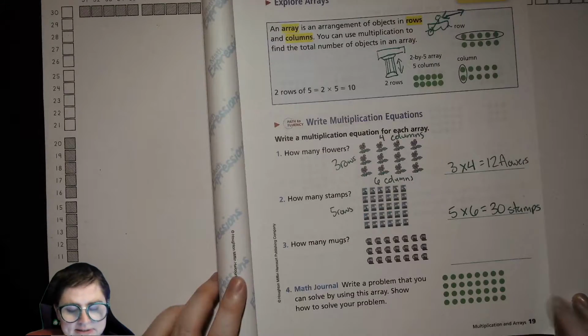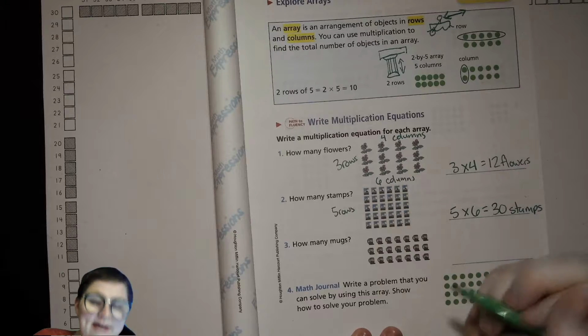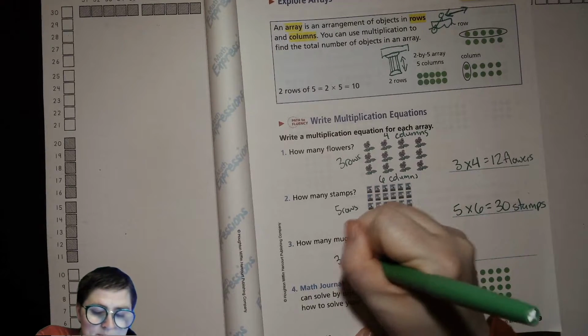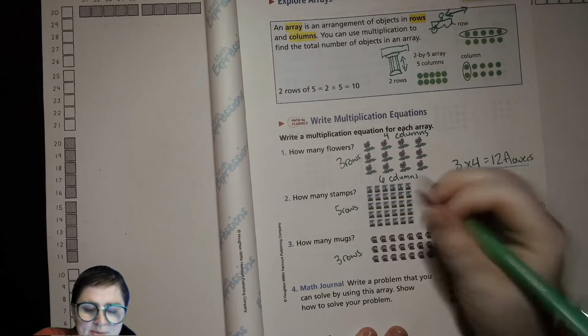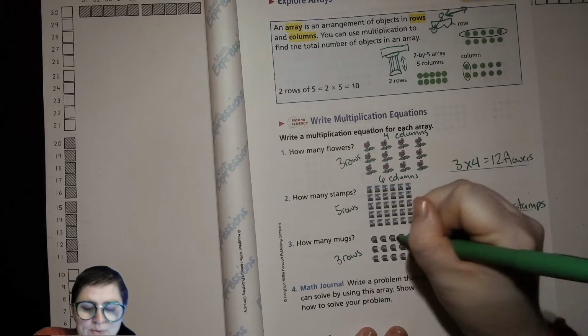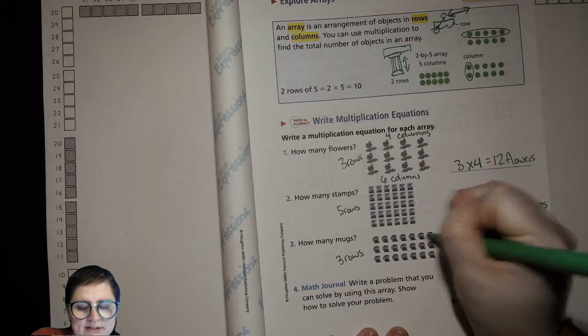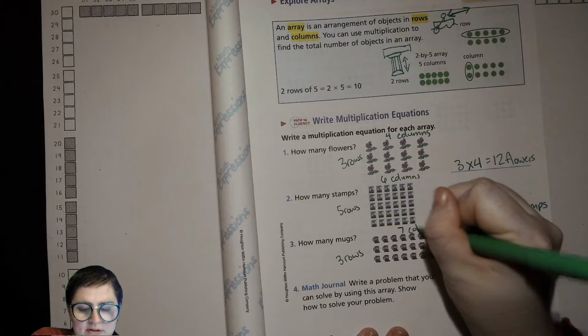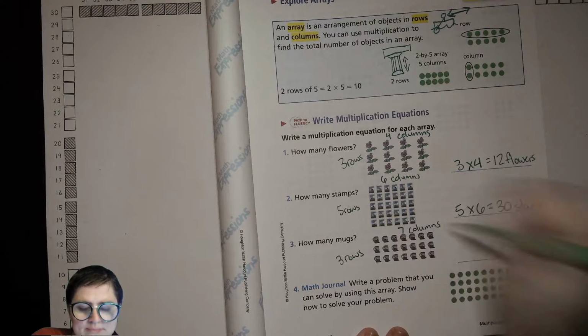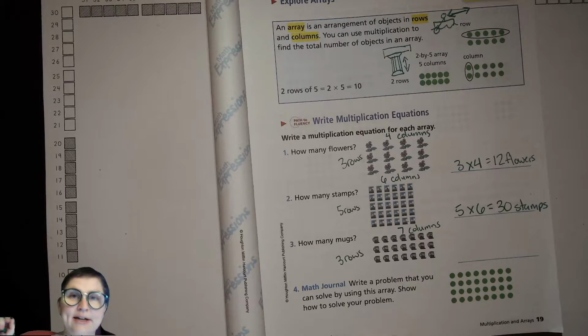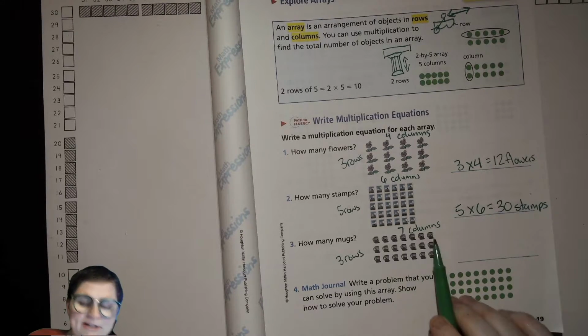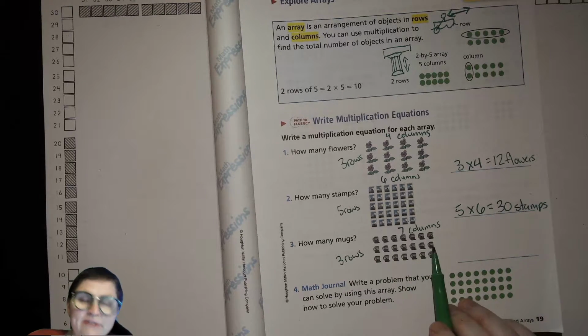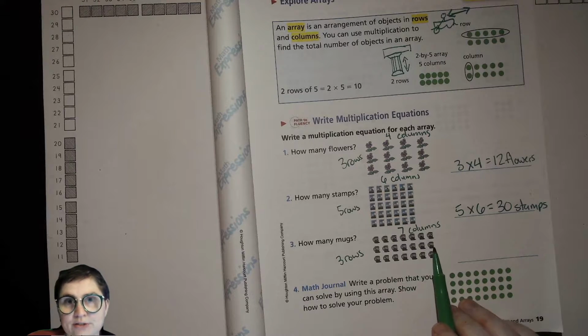How many mugs? How many rows do we have? 3 rows. How many columns do we have? 1, 2, 3, 4, 5, 6, 7. Okay, now you know 1 group of 7 is 7. 2 groups of 7, 7 plus 7, which is 14.